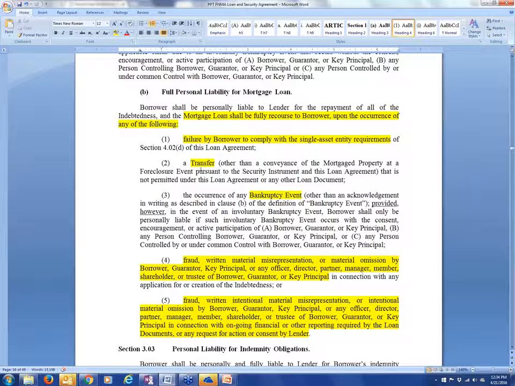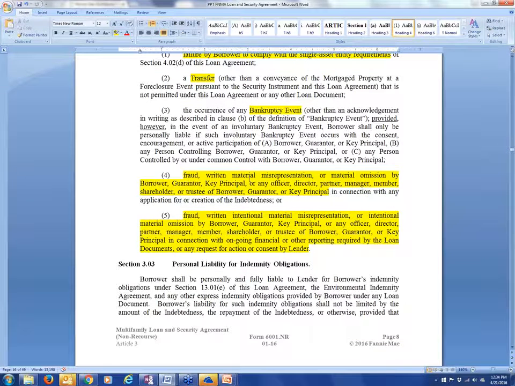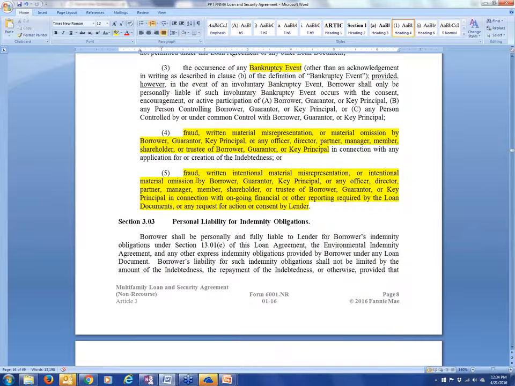A transfer of the property to another entity that is not permitted. Bankruptcy by one of the borrowers. Fraud, written material misrepresentation or material omission by one of the key people involved in the deal. Fraud, written intentional material misrepresentation or intentional omission by any of these other folks in connection with the ongoing financial or other reporting required.